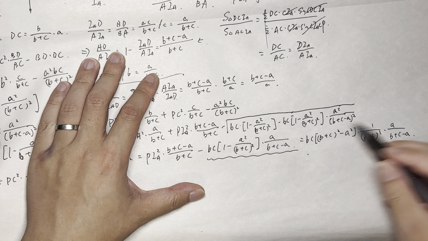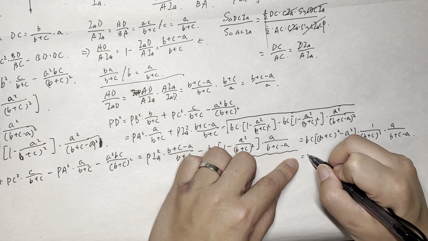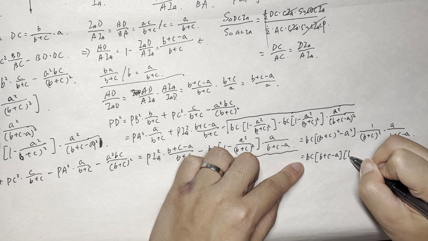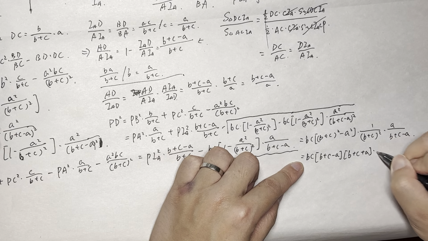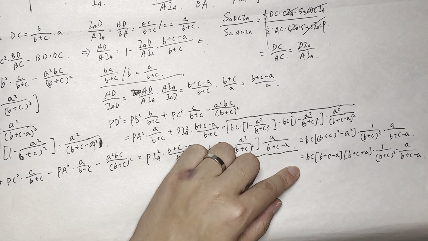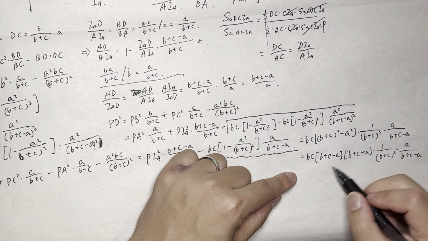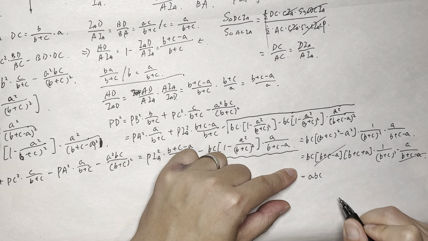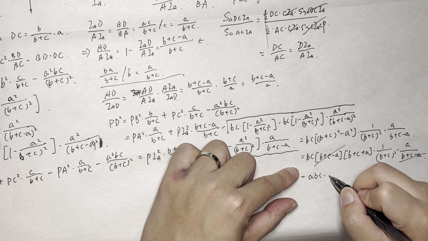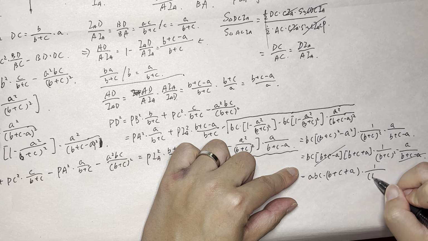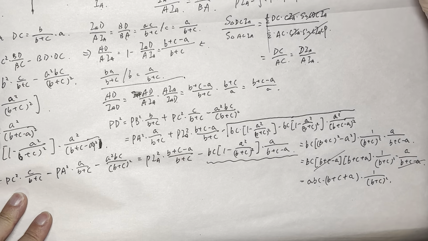So this equals BC times B plus C minus A, B plus C plus A times 1 to B plus C square times A to B plus C minus A, right? These two cancel, so A equals ABC times B plus C plus A times 1 over B plus C squared, right?